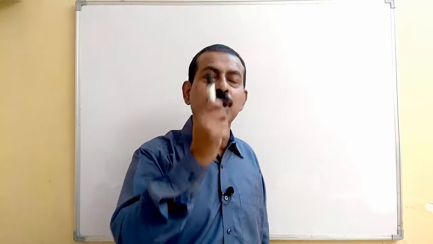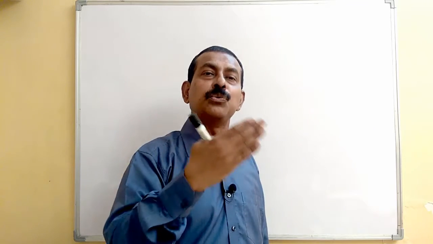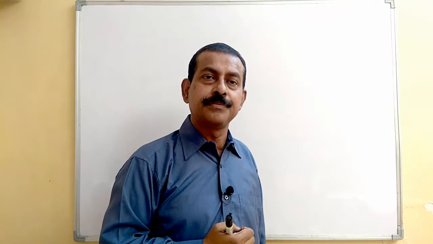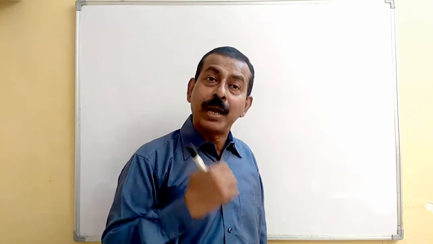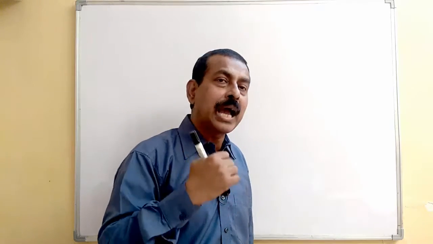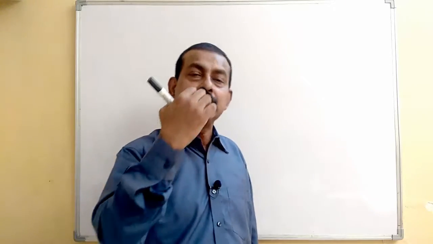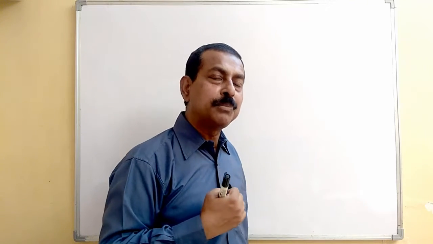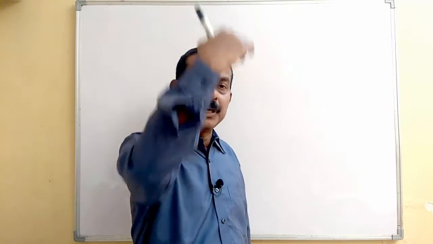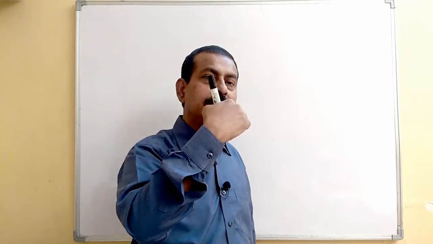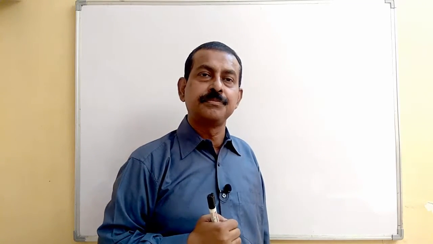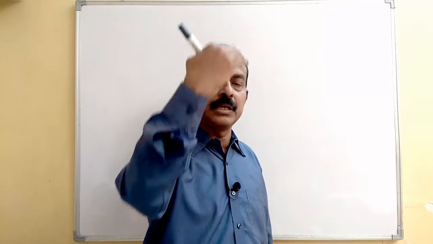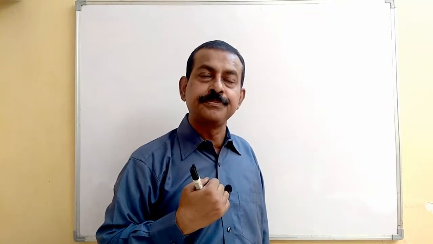We tilt it in the forward direction, that is the direction in which we are moving or running. Why is it so? Because the rain appears to fall in that particular direction. That means basically it will appear to fall at some angle with the vertical, and it will be coming from the front.